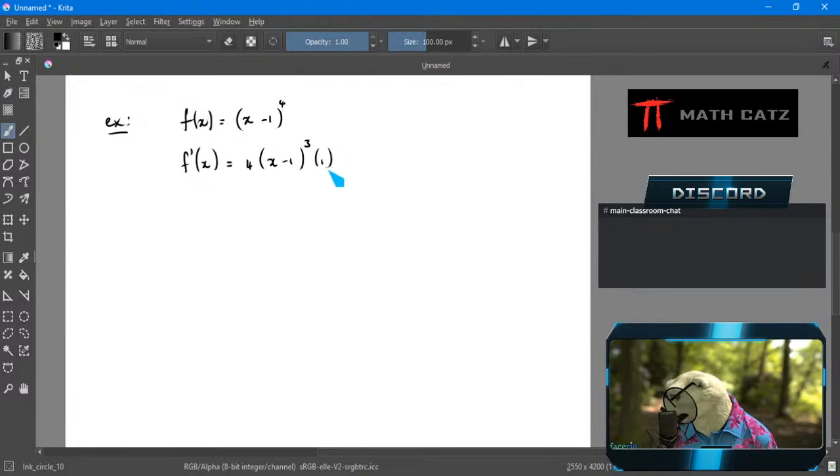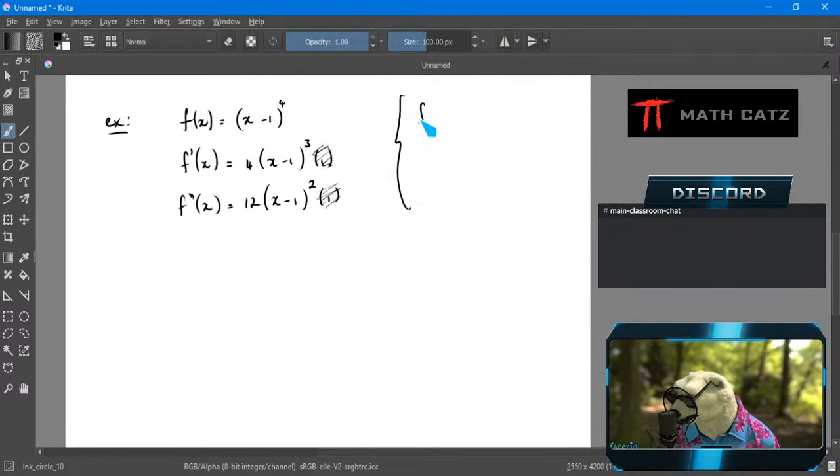Then I have 12 times (x minus 1) squared, times 1 again. So there's my second derivative, not complicated at all.